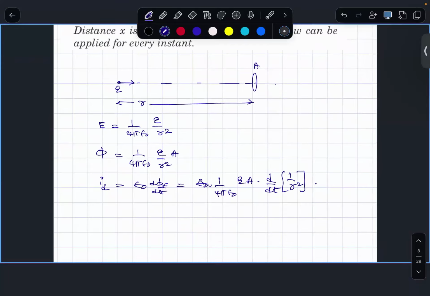So this can be written as q into A by 4 pi, minus 2 by r cube dr by dt. So, minus dr by dt, therefore qA by 2 pi r cube. That's the expression for displacement current.